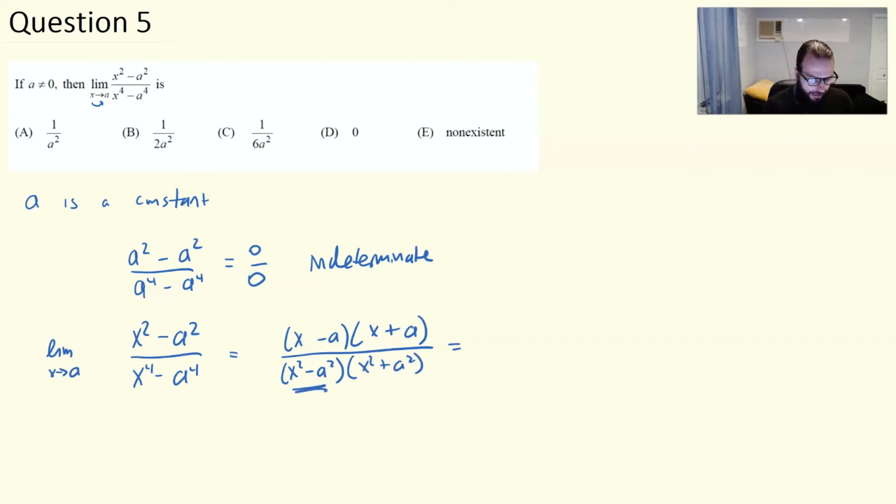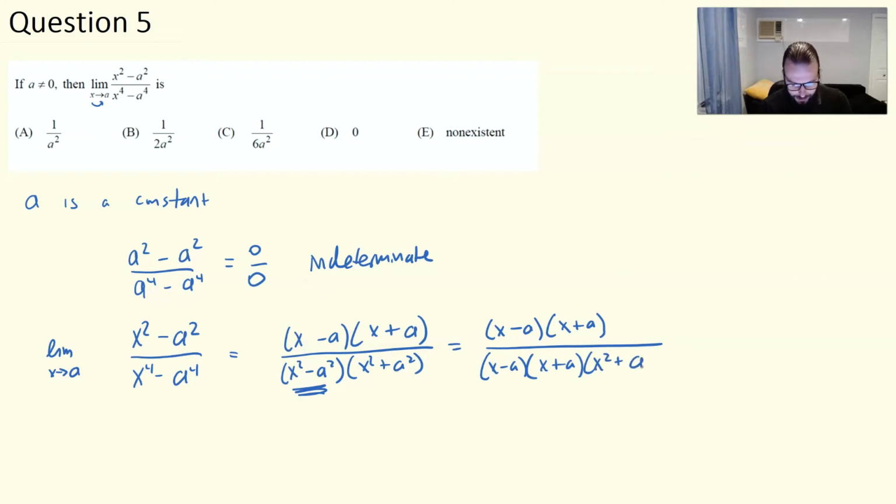And we can then take the x squared minus a squared a step further and get x minus a, x plus a up top, x minus a, x plus a, x squared plus a squared. We can divide out both of these and be left with 1 over x squared plus a squared.